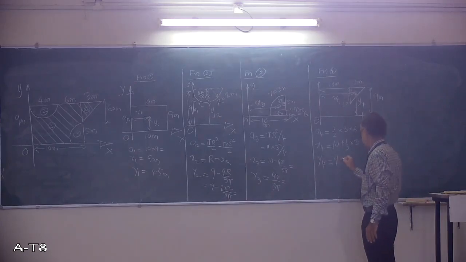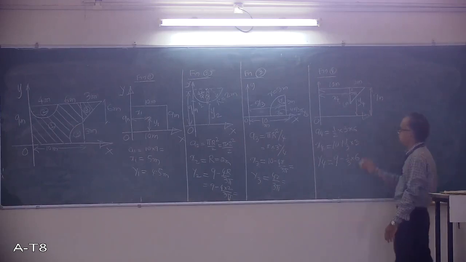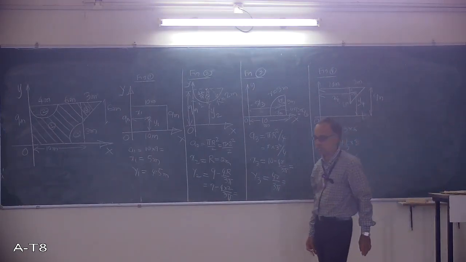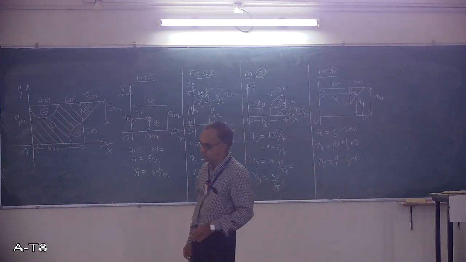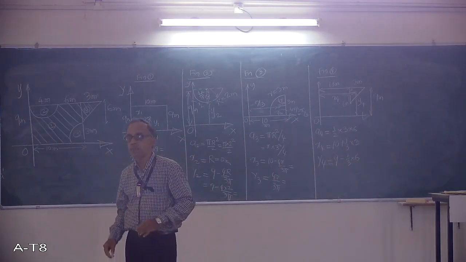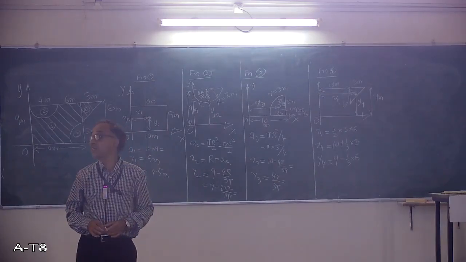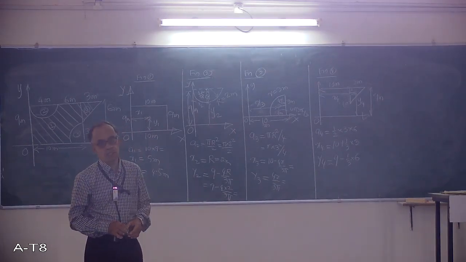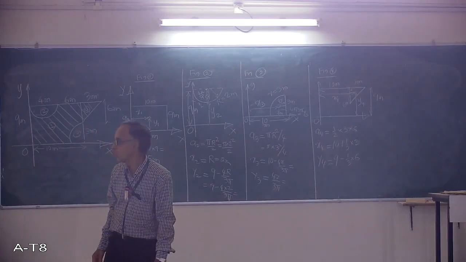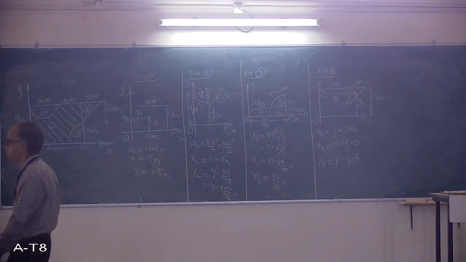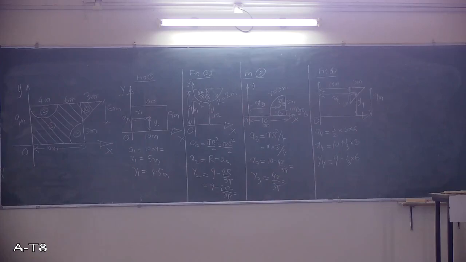So this is the way how we find out the respective values correctly. Whenever you are writing the respective figures, you have to mark the values correctly. If you don't mark the values correctly, problem will go wrong. So you should be very, very careful. Any small mistake, problem may go wrong.